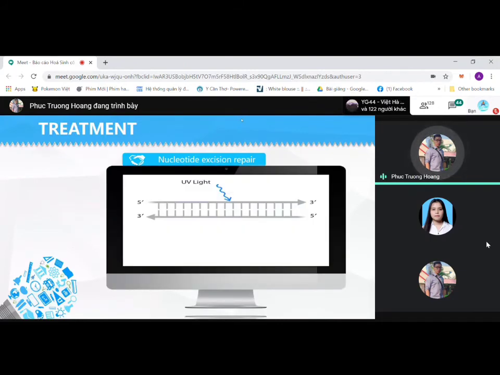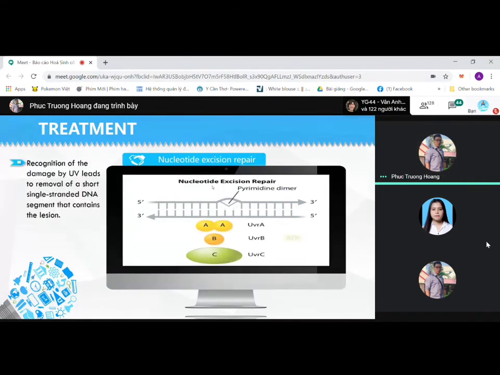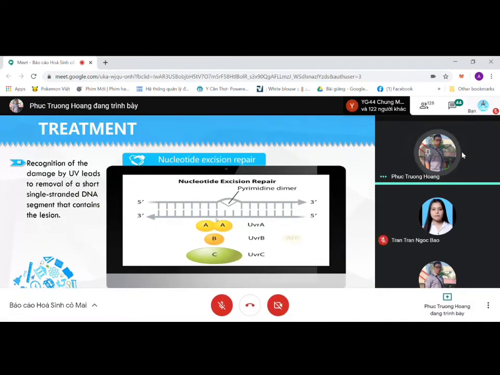DNA damage occurs constantly because of chemicals, radiation, and also UV light, ultraviolet. With this technique, we can recognize the damage by UV light, and then they will remove the short single-strand DNA segment that contains a lesion.